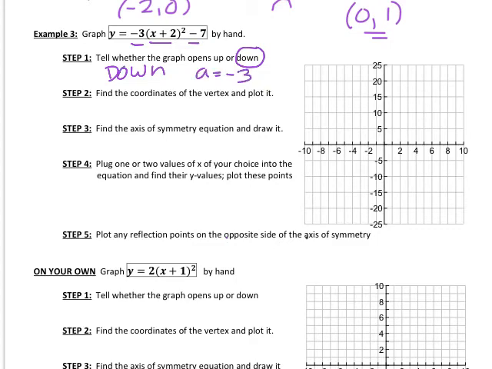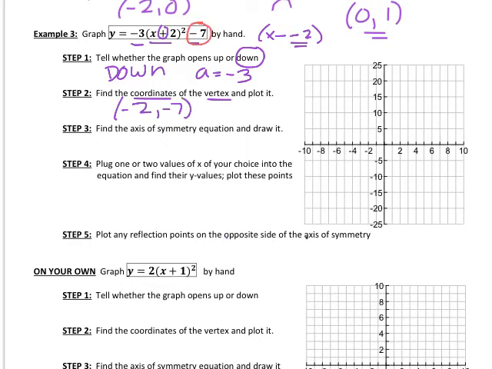Okay, so we're going to have a downward facing parabola. Find the coordinates of the vertex and then plot it. Because we have a plus sign inside the parentheses here, we need to rewrite that as x minus -2, and that gives us our h. H is going to be -2, and the k value is on the outside of the parentheses, so -7 is our k value.